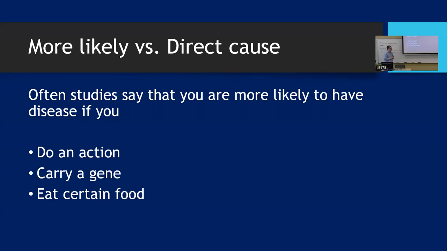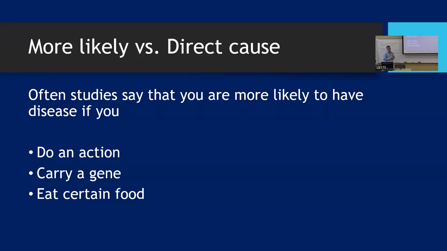And this is very common in healthcare. You'll see these studies that get reported in the news that say you're more likely to have a disease if you do certain actions, like eat certain types of foods, or you carry a certain gene. Therefore, you're more likely to have such and such disease.